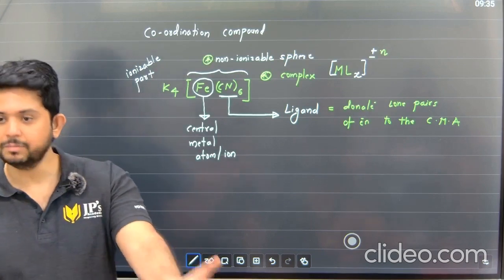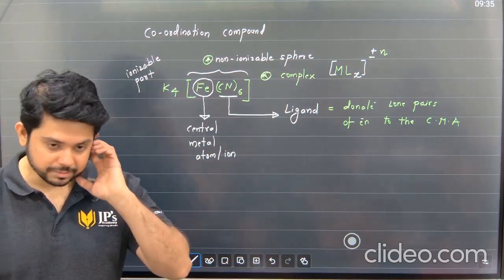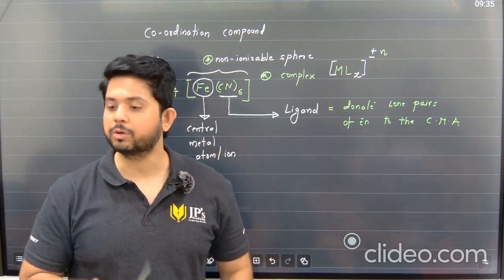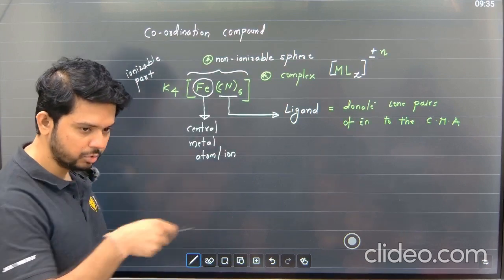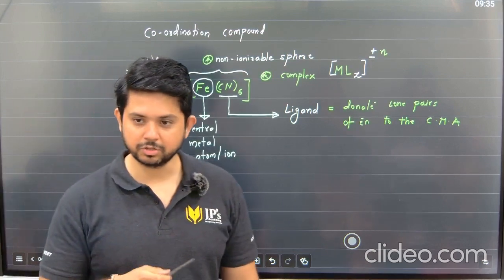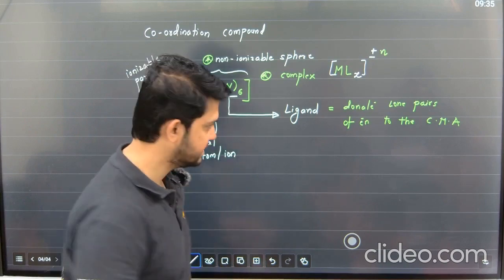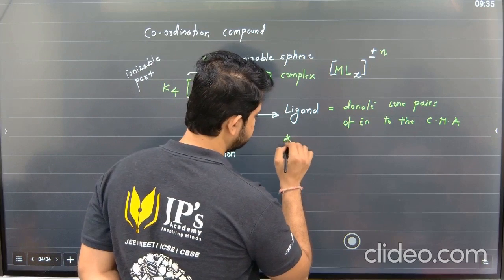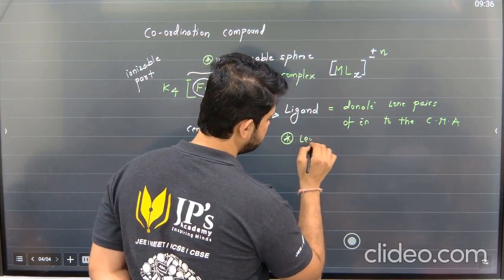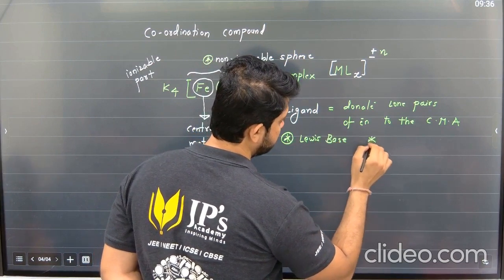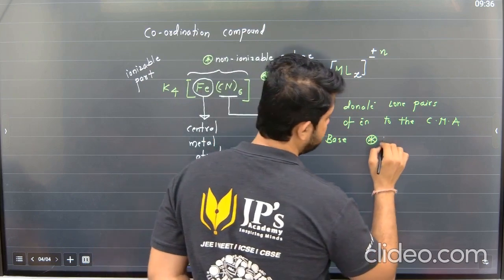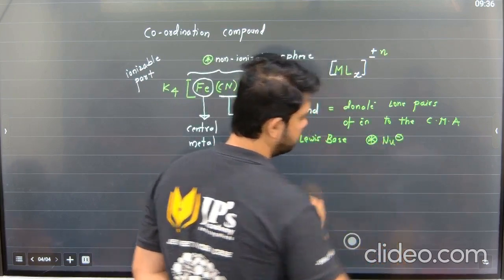How can the central metal atom accommodate these lone pairs? Because it has empty d orbitals available. Now, since they are electron donors, we can also call them Lewis bases. What else can we call them? Nucleophiles.